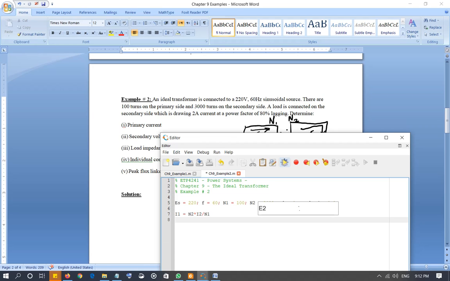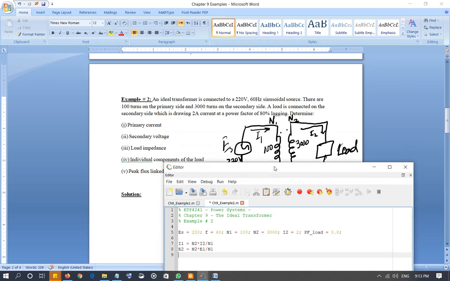E2, remember E1 over E2 is N1 over N2, or E2 over E1 is N2 over N1, so that's going to be N2 times E1 divided by N1.